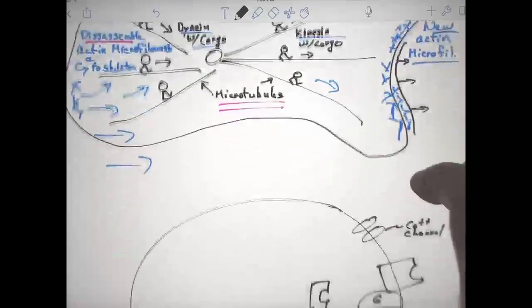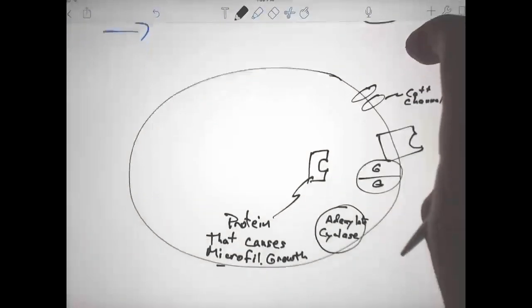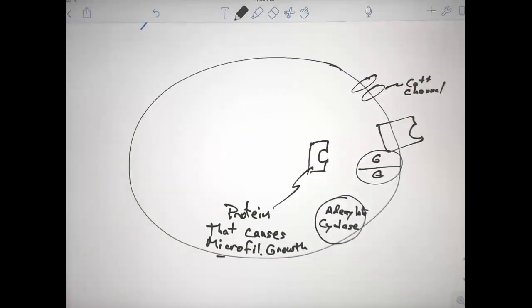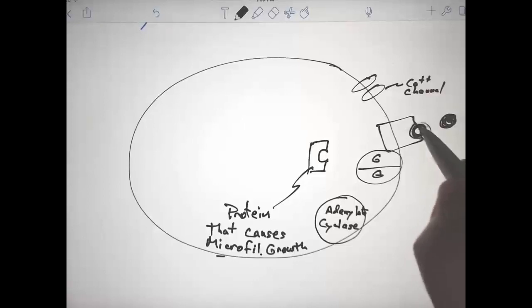So how can those be activated? In both cases, they can be activated by receptor systems and second messengers in various ways that activate the proteins to cause microfilament growth or to cause actin and myosin movement. So imagine that some secreted chemical or a food molecule binds to a receptor.